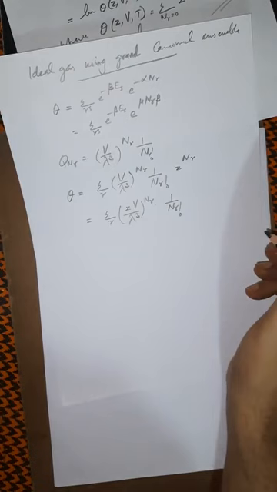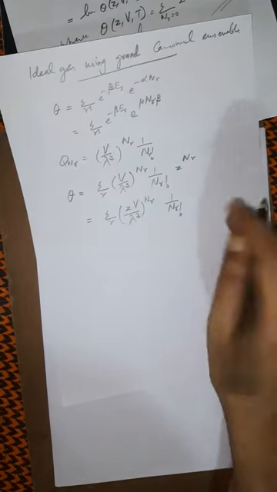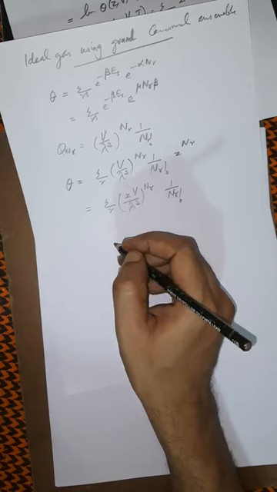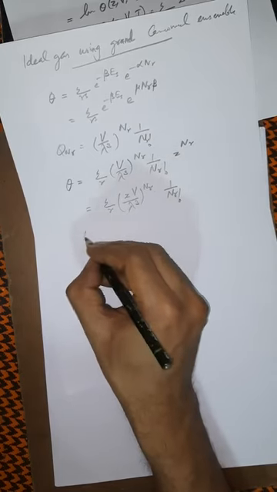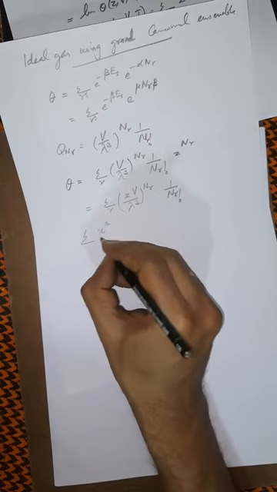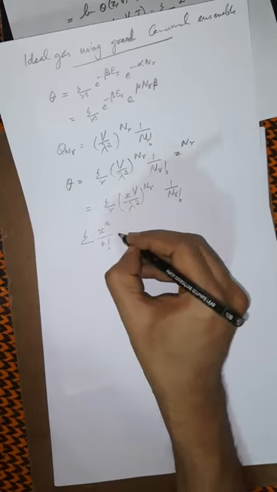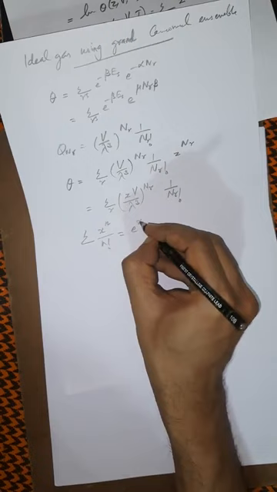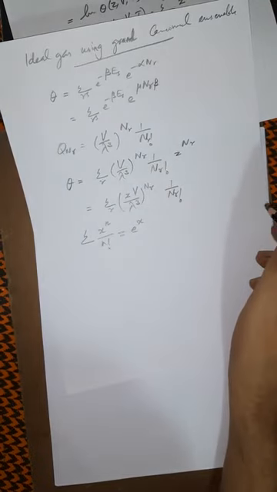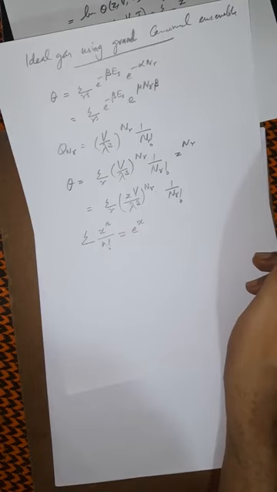But based on one of the mathematical identities, I know that the sum of x raised to n by n factorial is equal to e raised to x.